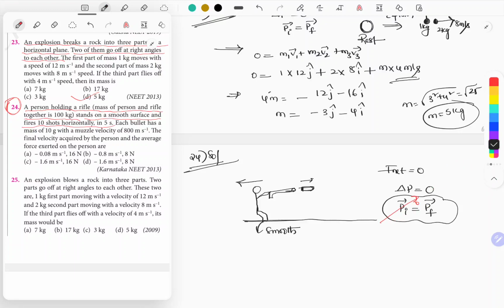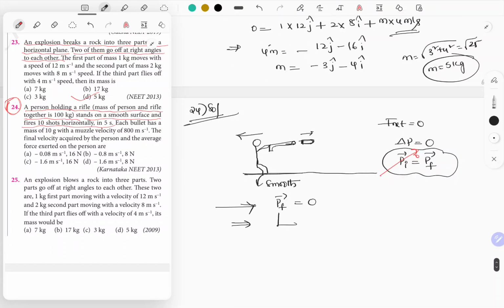Now I have to find out the final momentum. Initial momentum is 0 because both gun and the person are at rest. Now final momentum is also equal to 0. What about final momentum? Final momentum in the sense after firing.